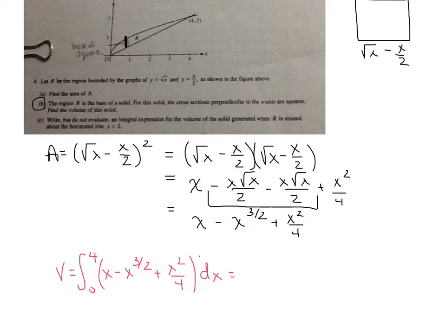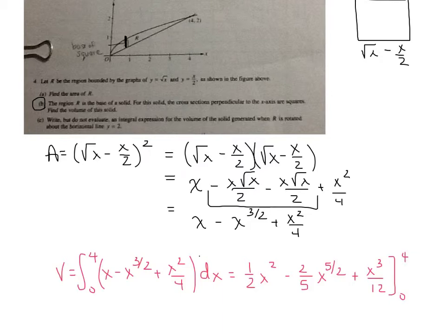And when we do the antiderivative, we end up with 1/2 x squared minus 2/5 x to the 5/2 plus x cubed over 12 from 0 to 4.